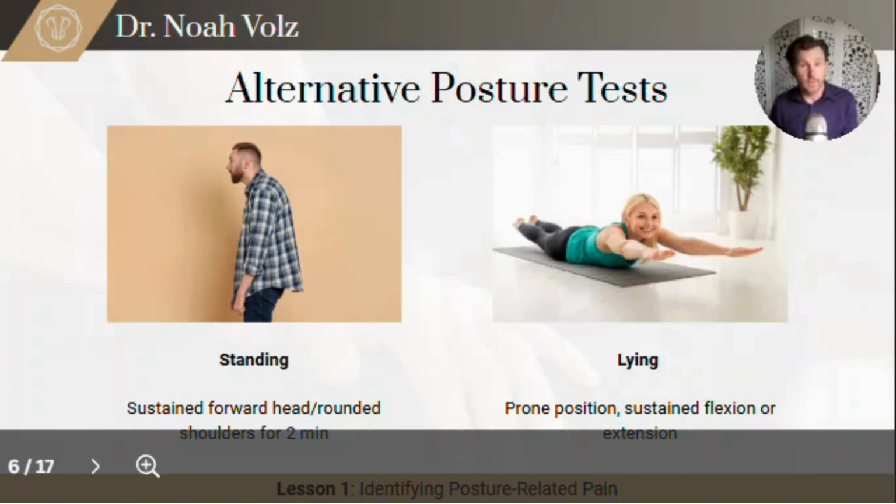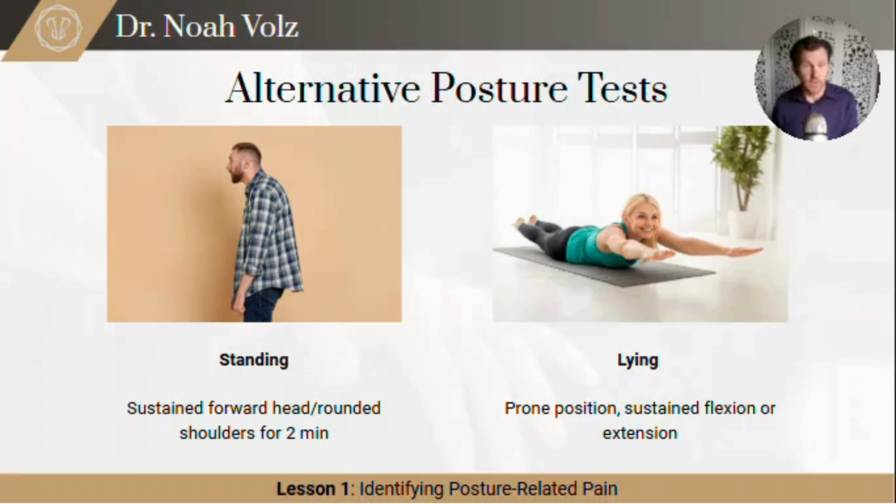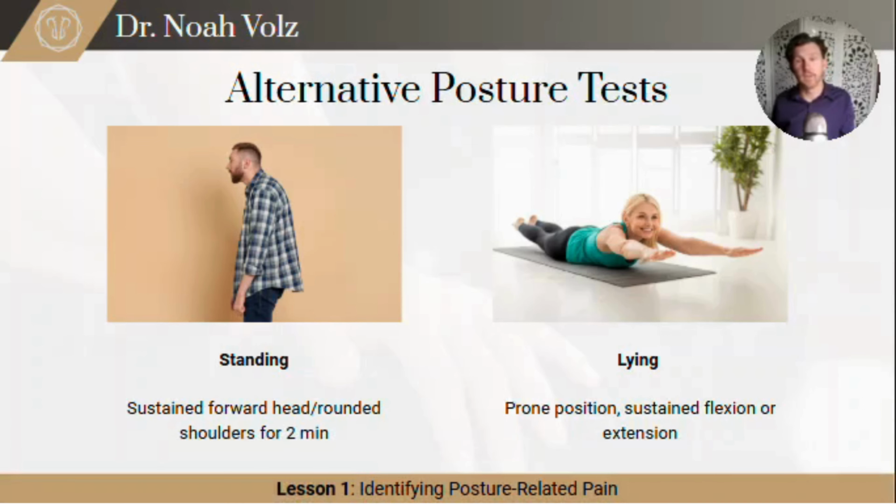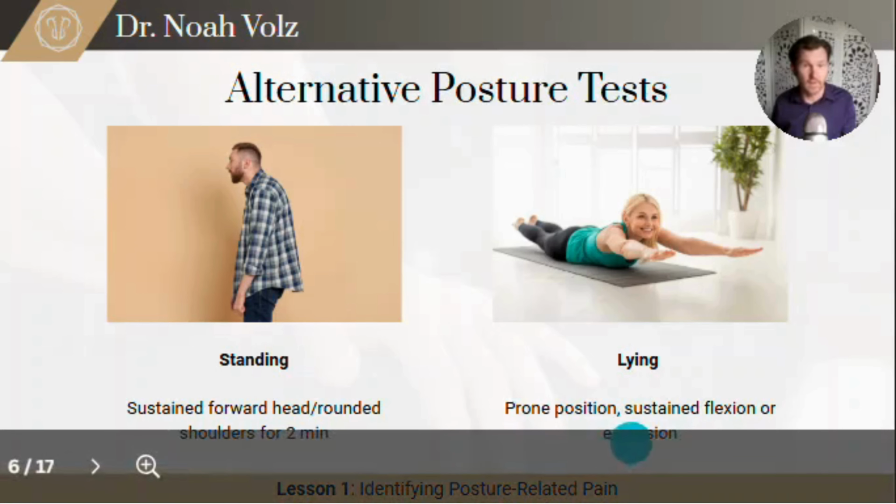So you can also do this in other positions. You don't have to do it in a seated position. You can do it standing. You can do this slumped standing position with the head forward and the rounded shoulders, again holding that for 2 minutes. You could do this lying down as well. This is not a great image of that.